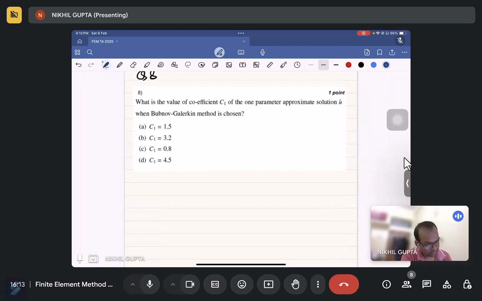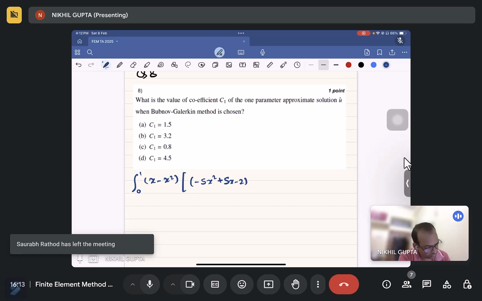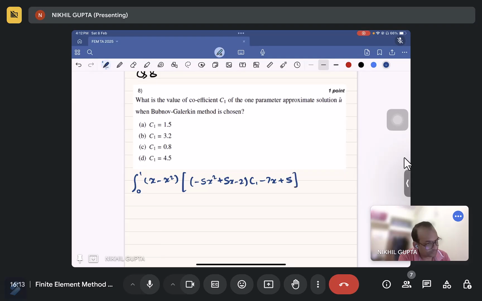So let's begin with that. We'll use the same residual and N1, which will be minus 5x square plus 5x minus 2 times C1, minus 7x plus 5, dx is equal to 0.